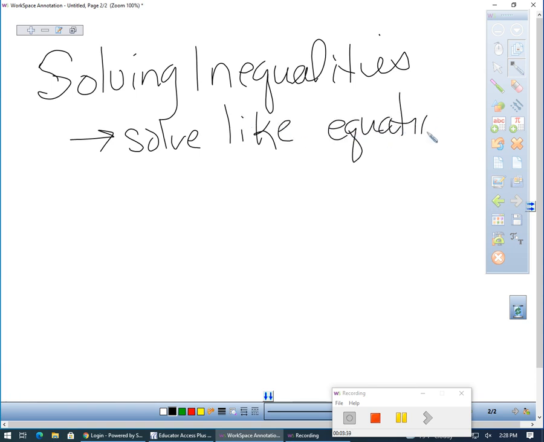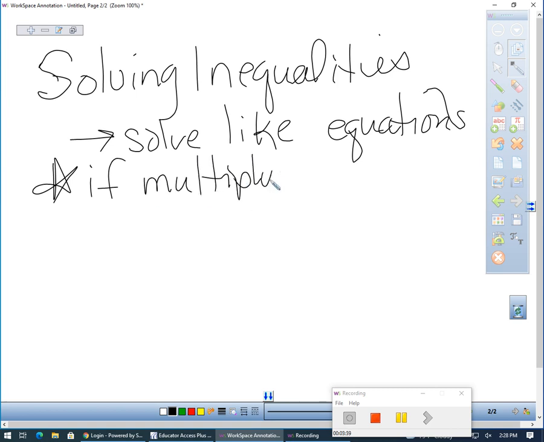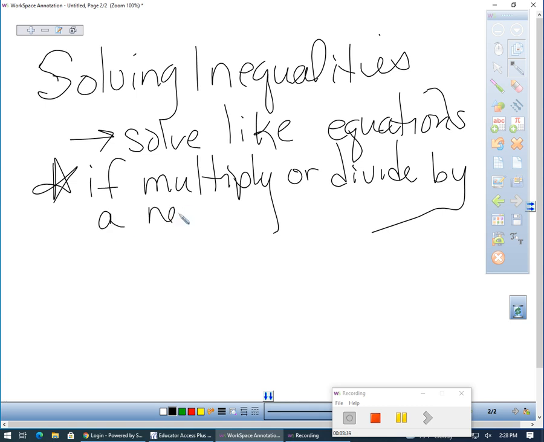We follow the same exact steps as solving equations, except there's one special, wonderful rule with inequalities. If you multiply or divide by a negative, flip the sign.